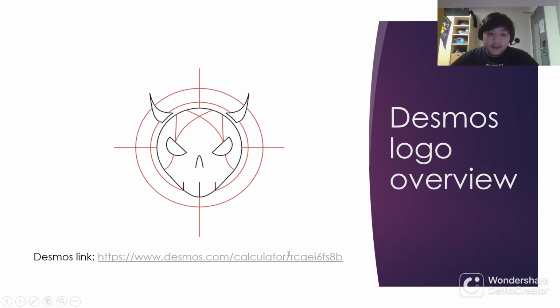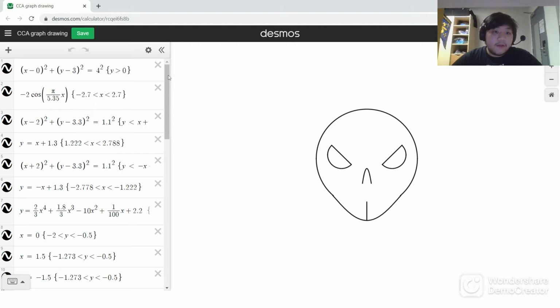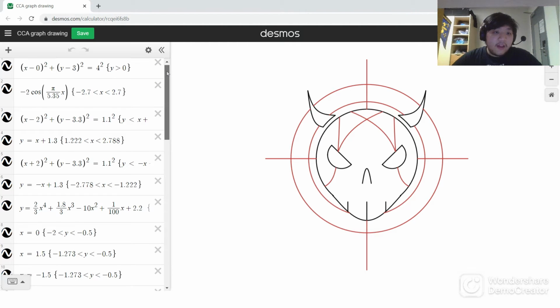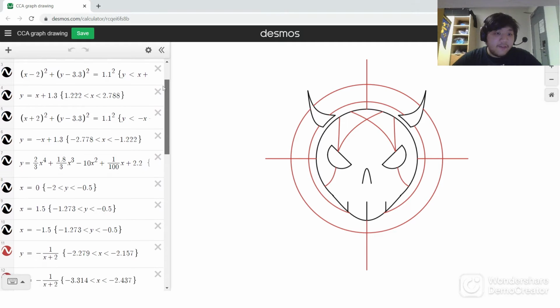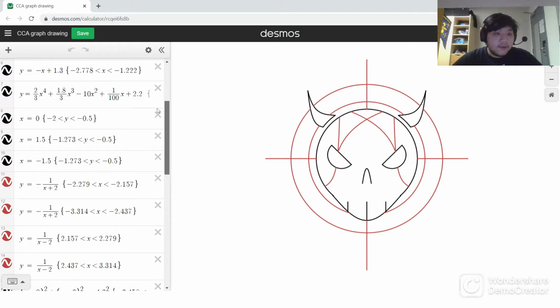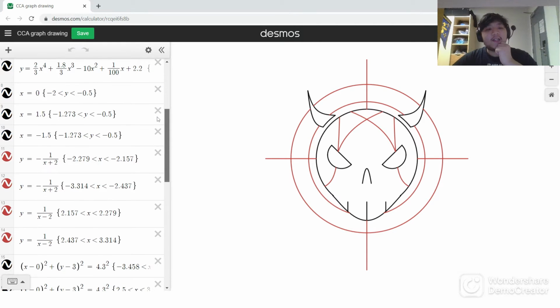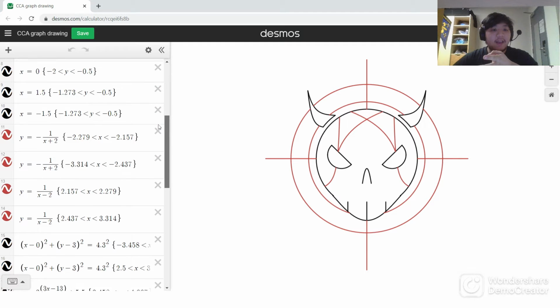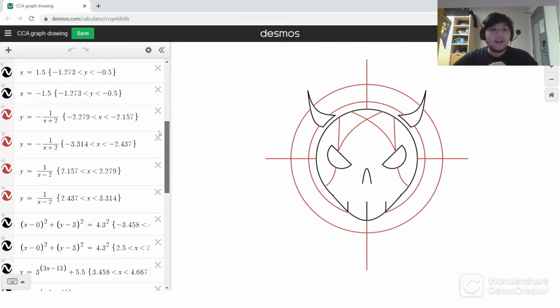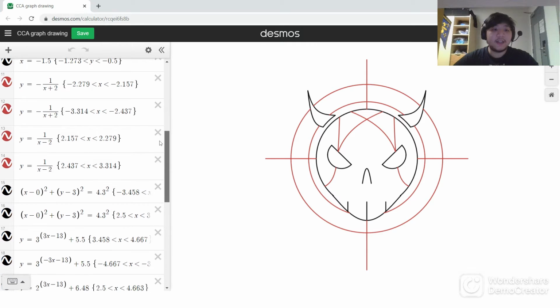Following the given link below the logo, this will take us to Desmos, and to our left will show just about every single equation that I have used throughout creating this logo. This also includes a few functions that I will not be presenting in the CCA, but they are there and they are listed in the summary for the logo creation.